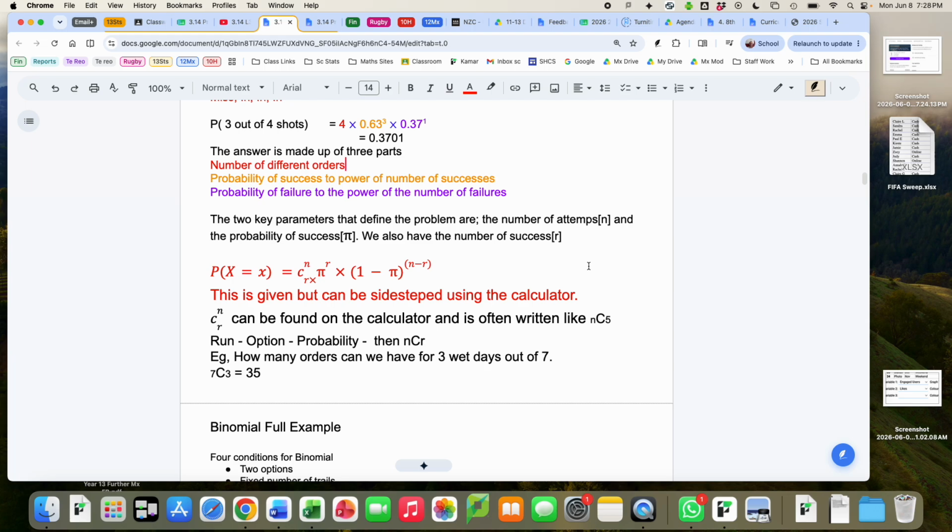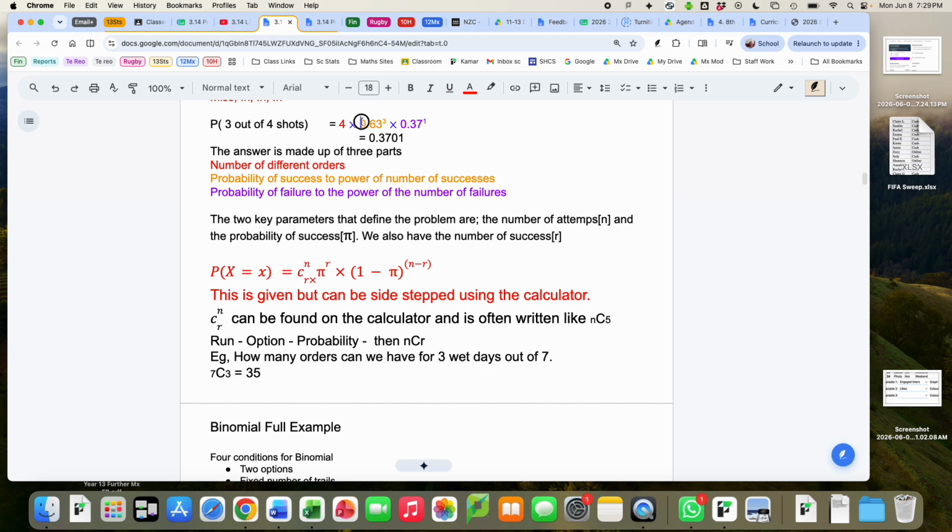Now, on the formula sheet, we get this fancy formula here. It makes it look more complicated than it is. The pi to the power of r, pi is another notation for the probability of success.